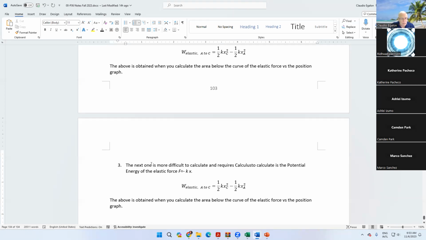The next one, universal gravitational force, is more difficult to calculate and requires calculus.